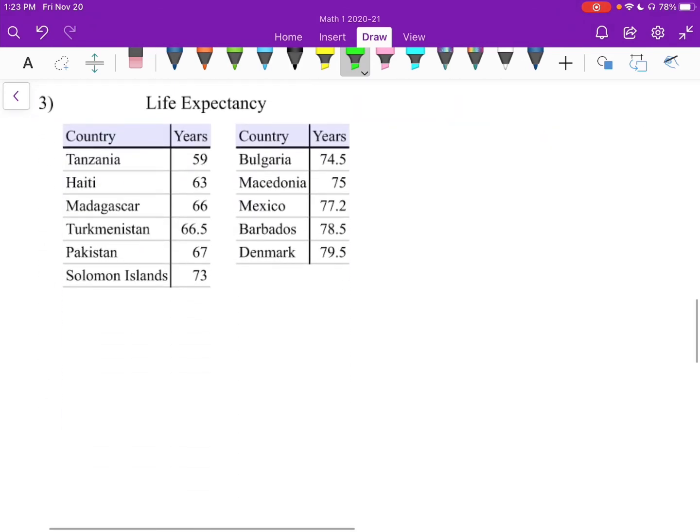Moving on to number 3. This one, we're doing the same thing, except now it's given to us in a chart. So I'm going to start with my min and max, just like before. Min, max, I've got 59 and 79.5.